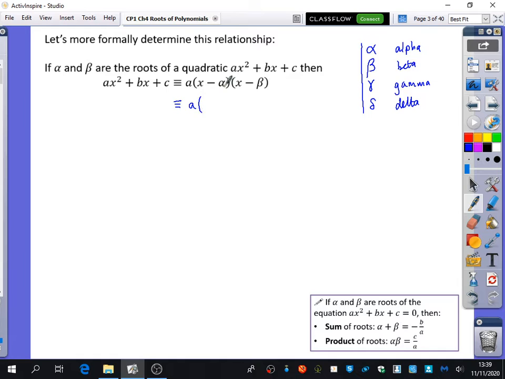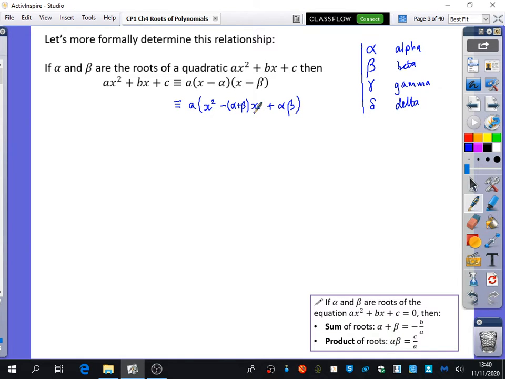When I expand these brackets, I will have x squared as the first bit. At the end, I will have plus alpha beta. And then in the middle, I'm going to have minus alpha x minus beta x, but I'm going to write that as minus alpha plus beta x, because that's the same as minus alpha x minus beta x, just factorized with the negative out.